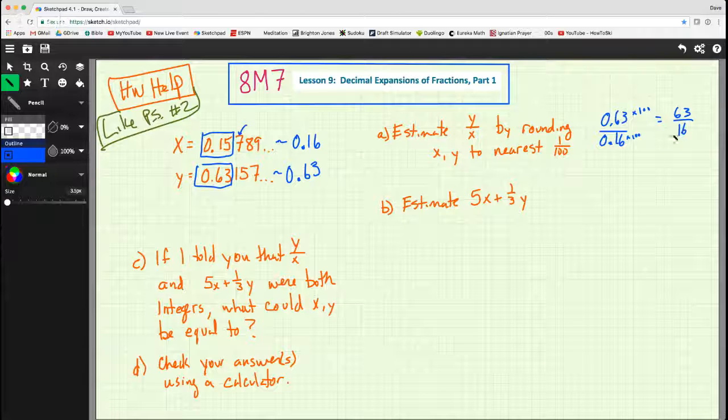So now let's use our box top. I forget which one to put inside the box, but the one on top, this is our top, 63. So that goes in the box. 63 divided by 16. Put my decimals down.